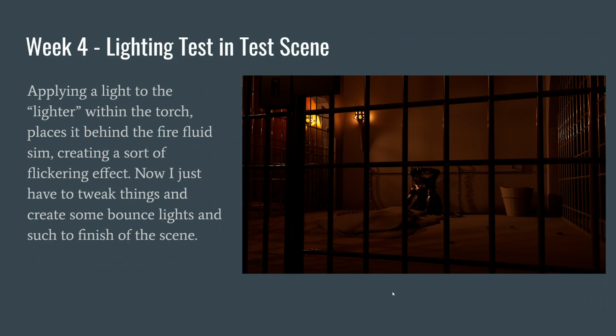Moving on, I did a test lighting scene. I applied a Phong to all of the bars, because a Phong has a natural shininess to it, unlike the default Lambert shader. I also added a light into the center of the fluid simulation to try and simulate a candle light, a flickering light.